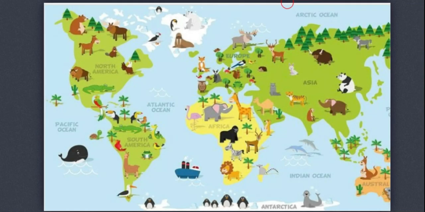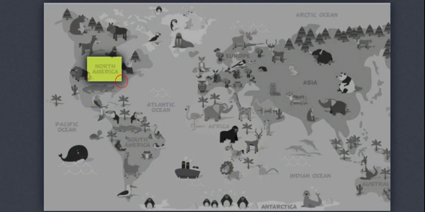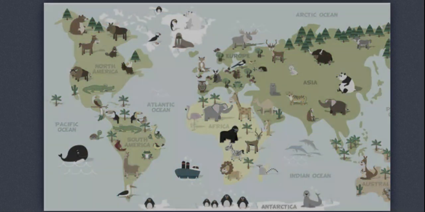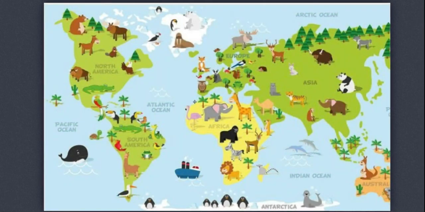Now this is Europe. It's another continent. So this is North America, a continent. South America, which is also a continent, and then there's Europe, which is another continent. There are actually 7 continents. We'll first do Europe, and then we'll move on to the other continents.